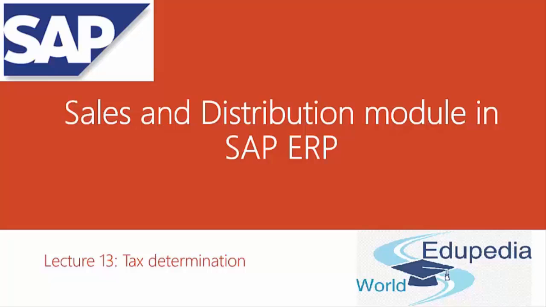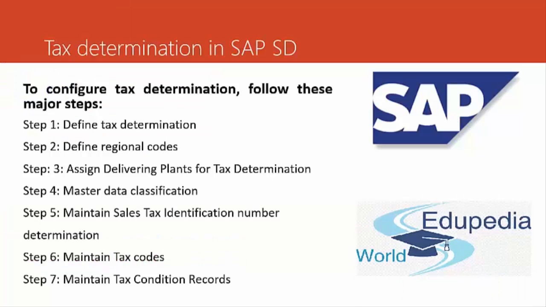In this lecture, we'll talk about tax determination in the Sales and Distribution module in SAP ERP system. To configure tax determination, you must follow these major steps. First step, define tax determination. Second step, define regional codes.